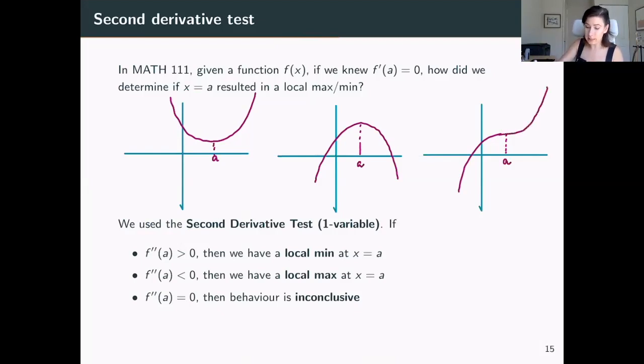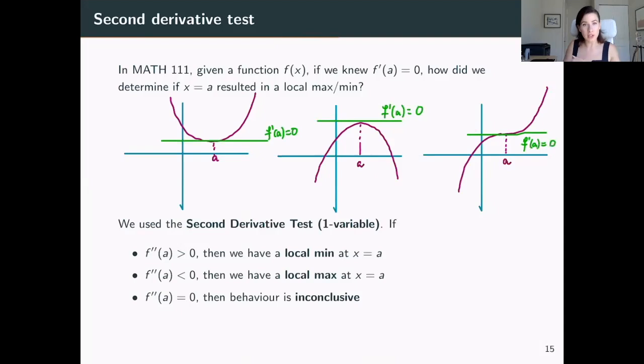In all of these cases, at x equal to a, I have a horizontal tangent line. And so by having a horizontal tangent line, this means that f prime of a is equal to 0 in every single one of these cases.